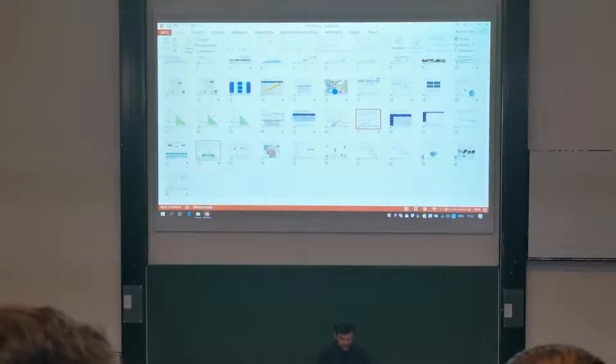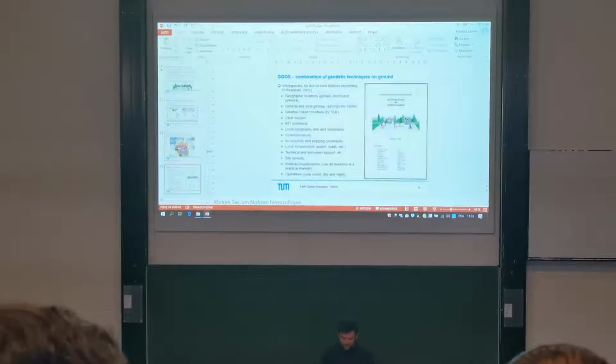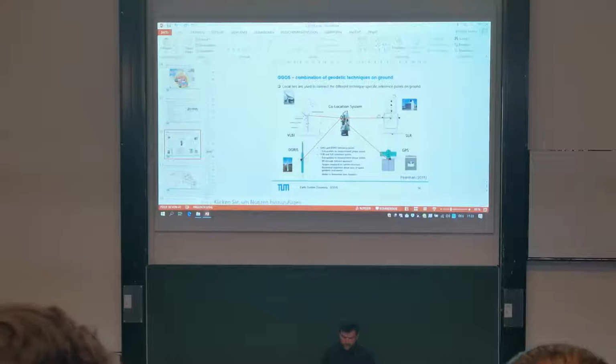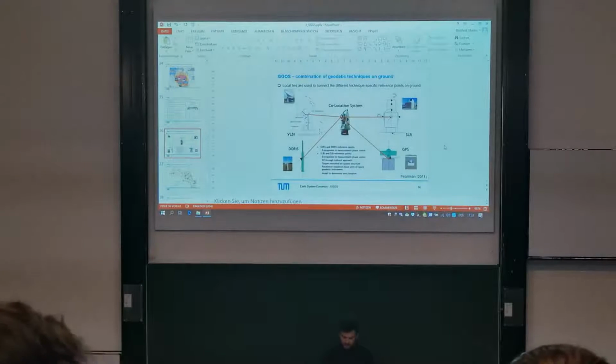And afterwards, we somehow went over to today's topic, the combination of the geodetic techniques on ground for the estimation of the TRF. There we had already a kind of look at the local ties, the terrestrial difference vectors on ground, which are obtained by surveying campaigns.